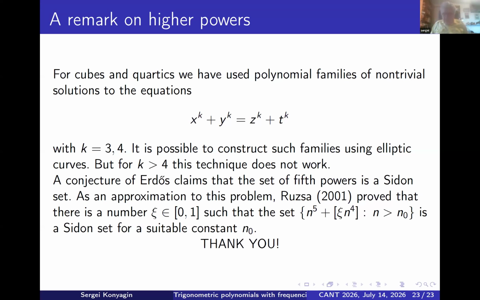If we consider the logarithm, actually this is the consideration of the Dirichlet series, the sum of c_n times n to the power it. And for the Dirichlet series we can ask these questions, and there the situation for the Sidon property is not clear. Okay.